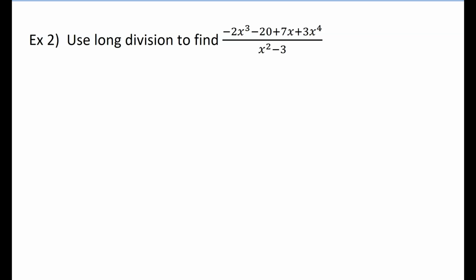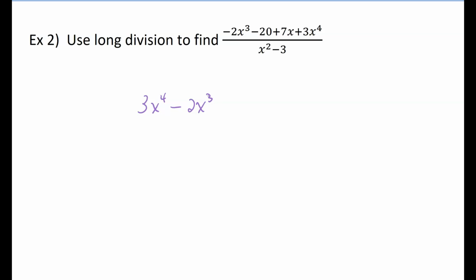Okay, so again, our highest degree term in this one is the x to the fourth, so we will list that one first. So 3x to the fourth. Okay, and then I want to look to see, do I have an x to the third term? I do, and it is a minus 2x cubed.